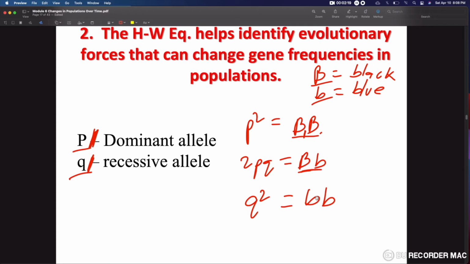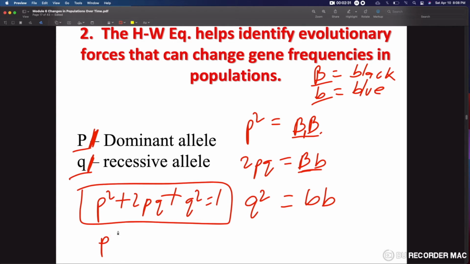Now, aside from your p squared plus 2pq plus q squared is equal to 1, you also need to remember the second equation, p plus q is equal to 1. What do we mean by p plus q is equal to 1? Again, your p is your dominant allele, your q is your recessive allele.